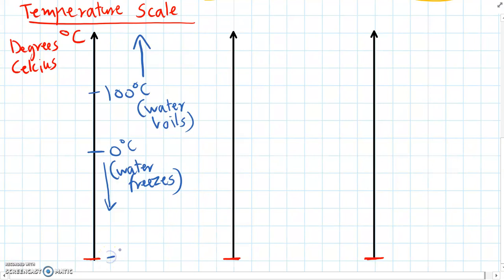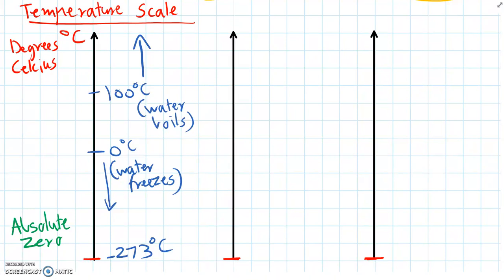And in theory, the lowest possible temperature in degrees Celsius is negative 273. And this is called absolute zero. You might have heard of it before. It's actually only a theory that scientists predict because it's actually impossible to get that cold.